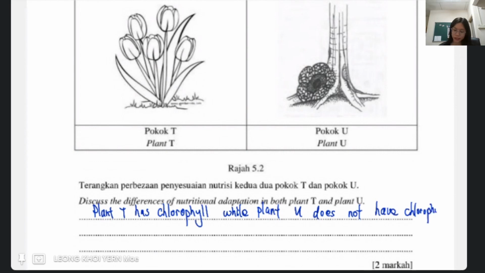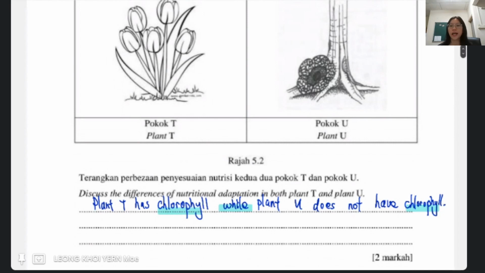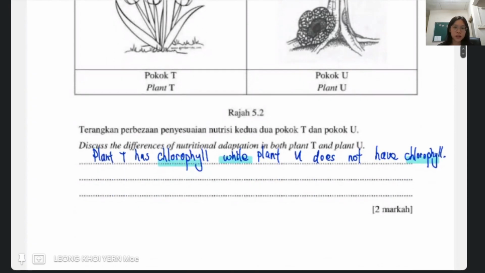And I want to emphasize that whenever they want you to differentiate, you must use 'while'. This one has blah blah, while that one has blah blah. But you also have to differentiate on the same aspect lah. This one you are talking about chlorophyll, then you differentiate with the other one that doesn't have chlorophyll.